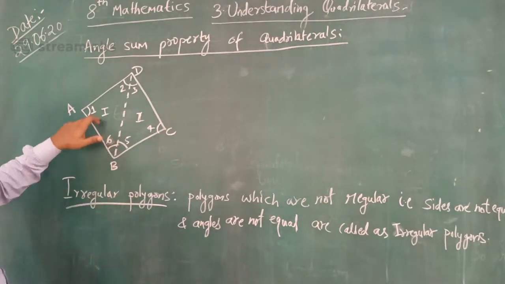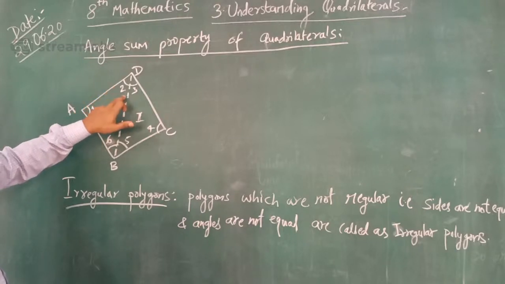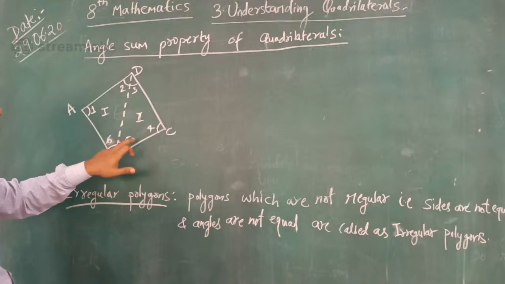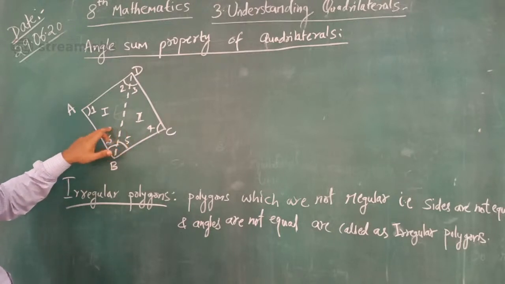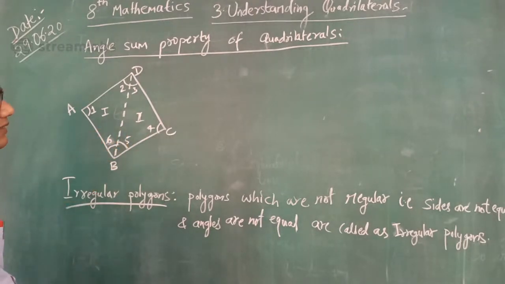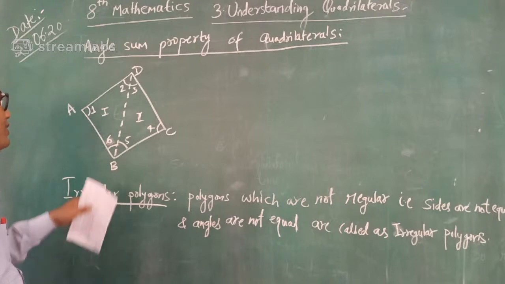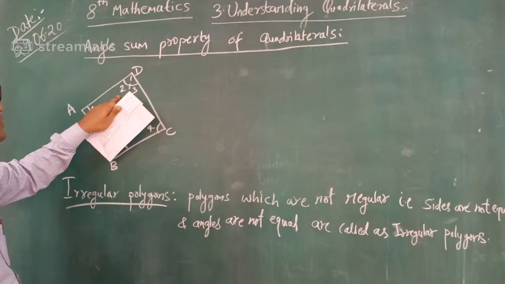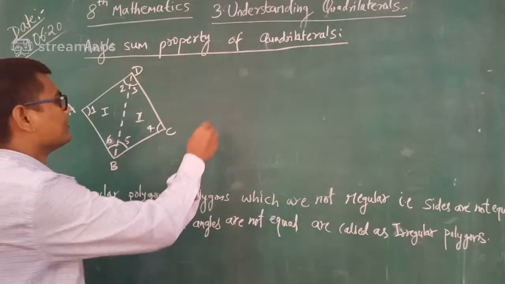So this is angle 1, this is angle 2 up to here, this is angle 3, this is angle 4, this is angle 5 and this is angle 6. We have learned the angle sum property of triangles in the 7th class. Using that we will find out the sum of angle 1, 2 and 6.